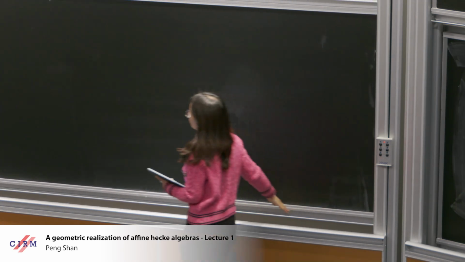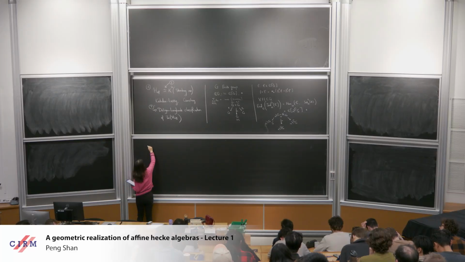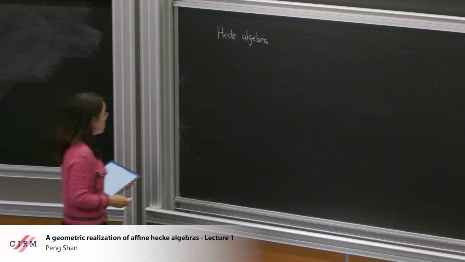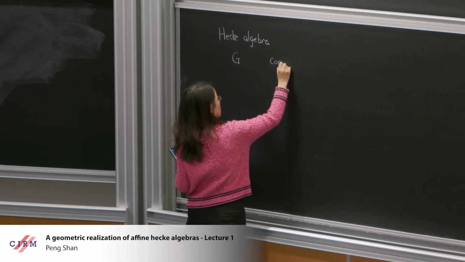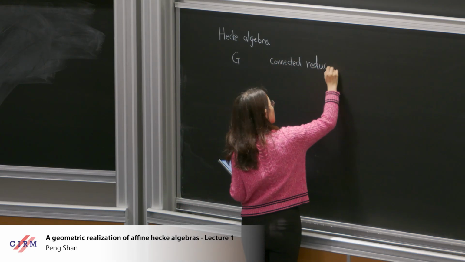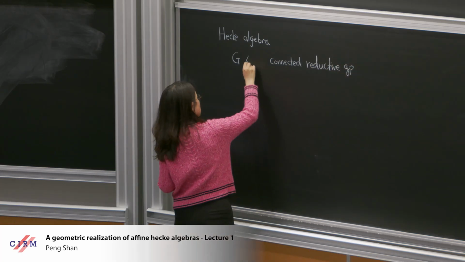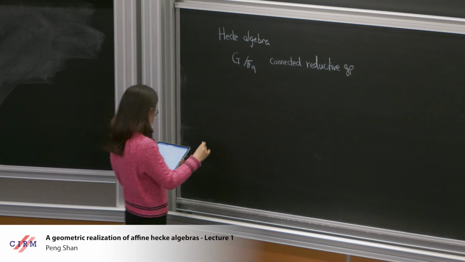So it will be this kind of algebras that we'll be interested in, and in particular, Hecke algebra is relevant in the following setting. We start with a connected reductive group defined over F_q. I assume the group is split.